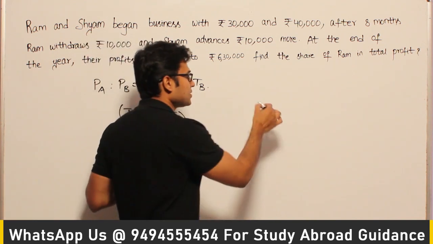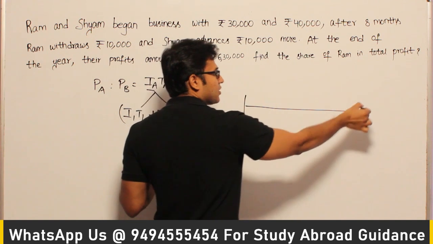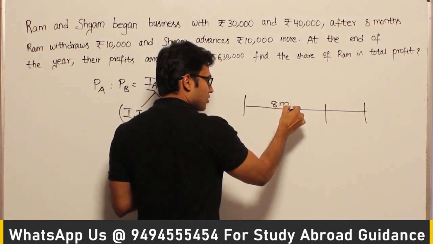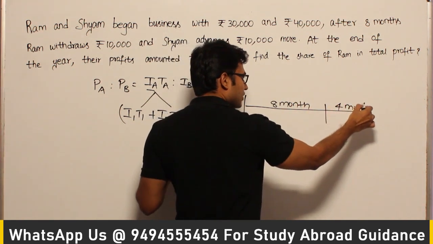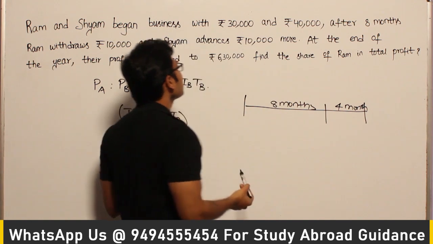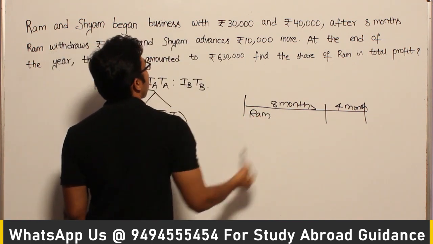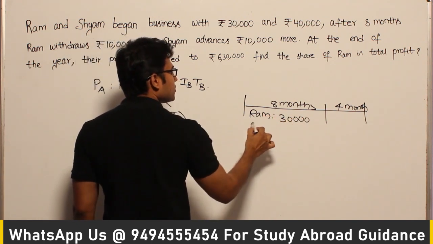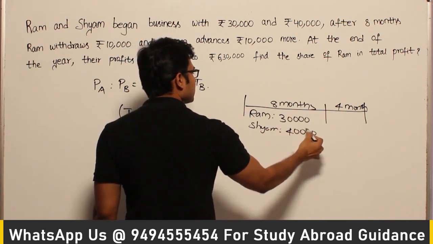Now in this case they are saying that the total business has been run for 12 months, out of which for 8 months they did certain kind of investments, and for the remaining 4 months they did certain kind of investments, right? For the first 8 months Ram is having an investment of 30,000 rupees and Shyam is having an investment of 40,000 rupees, right?